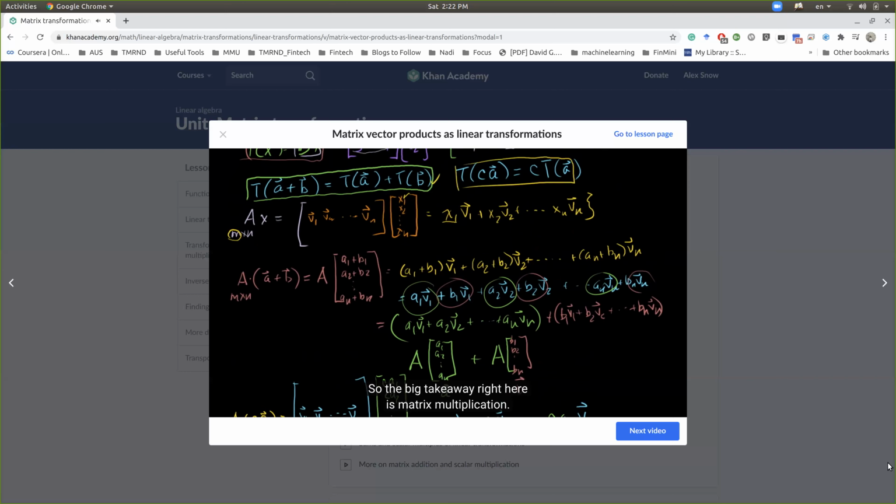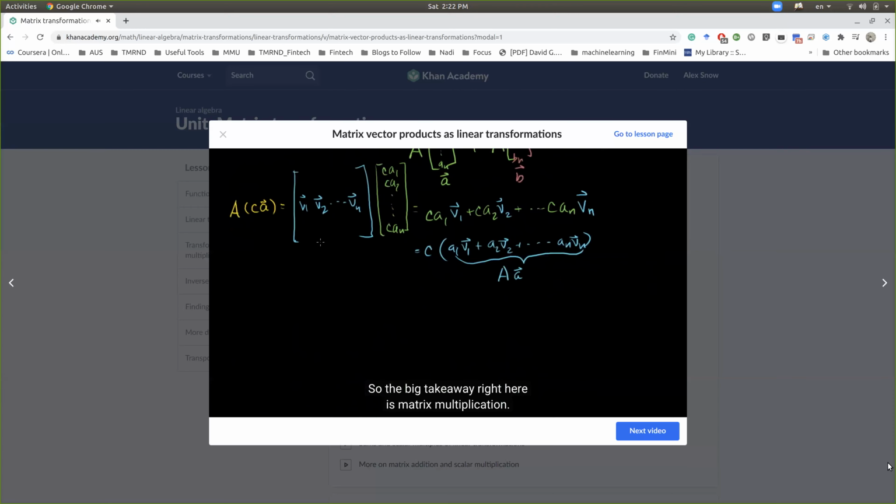So the big takeaway, and this is an important takeaway: matrix multiplication, or matrix products with vectors, is always a linear transformation.